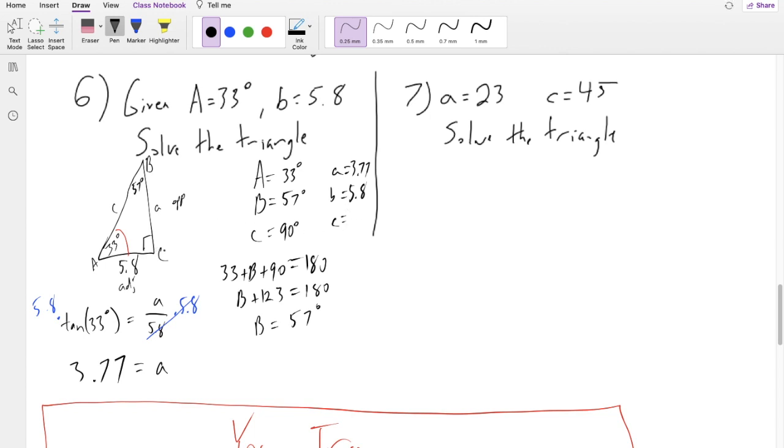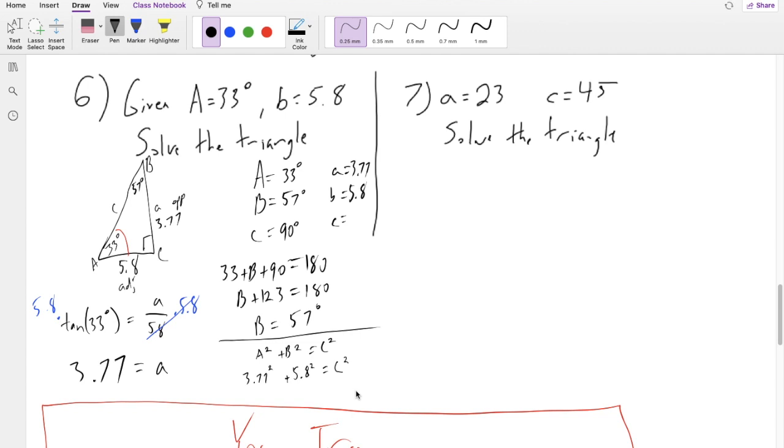So I just need to find C now. This is a right triangle, so I can use the Pythagorean theorem to find my third side. If you remember, the Pythagorean theorem is a squared plus b squared equals c squared. We know side A is 3.77, so 3.77 squared plus our side B, which is 5.8 squared, equals c squared.